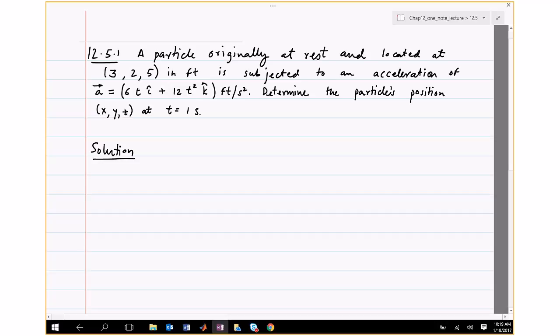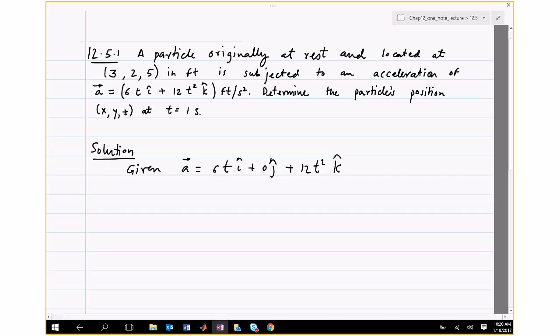Okay, so let's see, we're given a is 60i. Now I would write this down so that you do not get confused. Since the j is missing, I always write 0j plus 12t squared k. The only reason I do that is because if you just look at it one by one, you might be misled into thinking that 12t squared is along j.